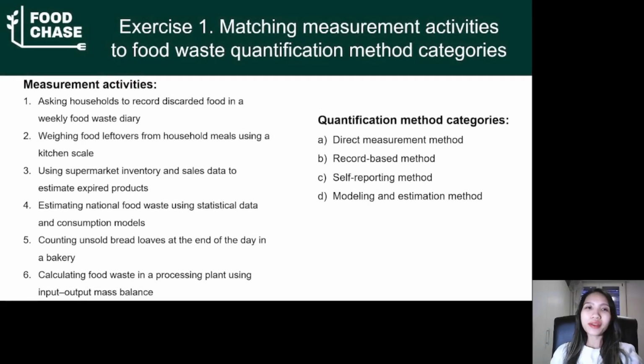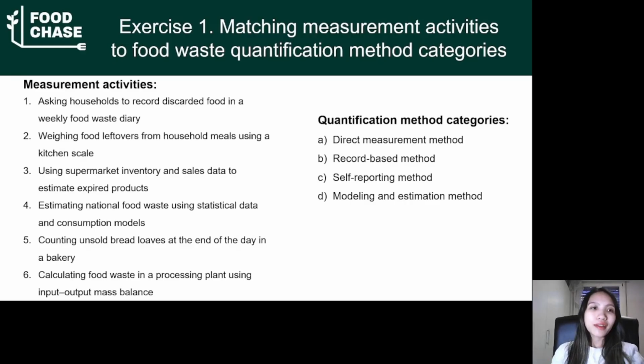Let's start with a very simple matching exercise. In this activity, you have to match the measurement activity in the first set to the right quantification category in the second set.